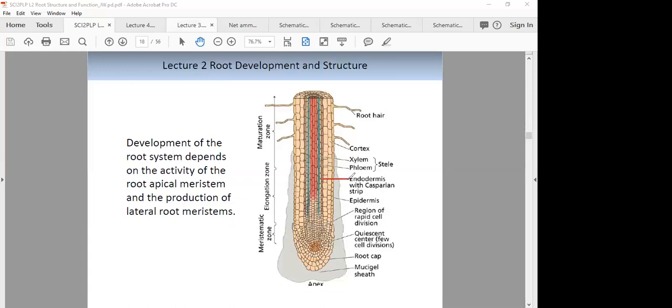Does anyone know what the endodermis does? What is the function of the endodermis?